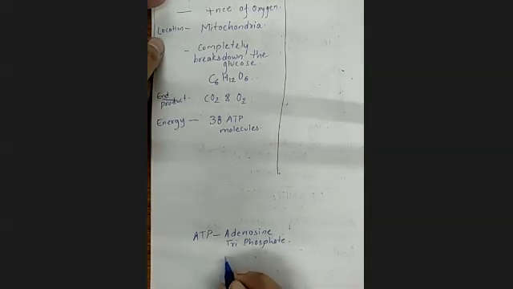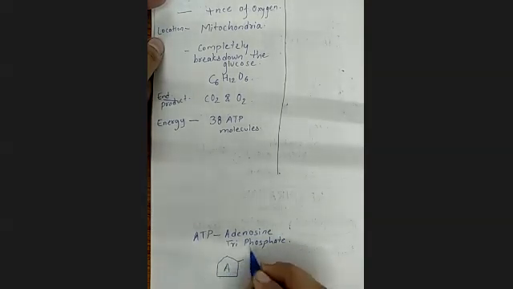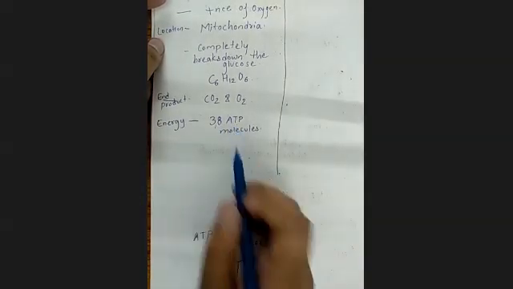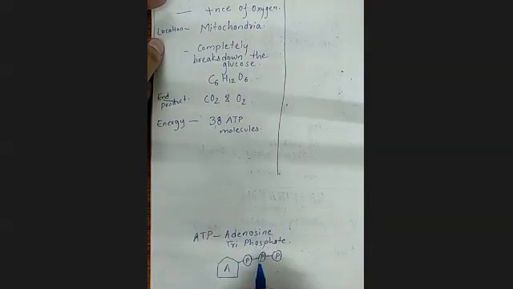It is this type of molecule. Triphosphate means 3 phosphates are there with it. This type of molecules are 38 in number and they release a huge amount of energy for the body.